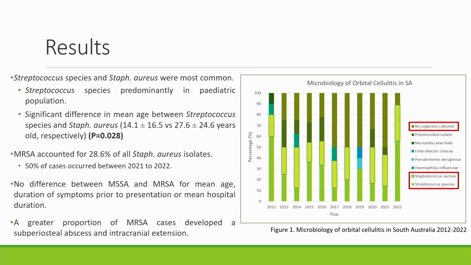MRSA was isolated in 28.6% of all Staph aureus cultures, of which 50% occurred between 2021 and 2022. There was no difference between MSSA and MRSA for mean age, duration of symptoms prior to presentation, or mean hospital duration. A greater proportion of MRSA cases developed a subperiosteal abscess and intracranial extension. However, the extent of statistical significance was unknown due to a small sample size.